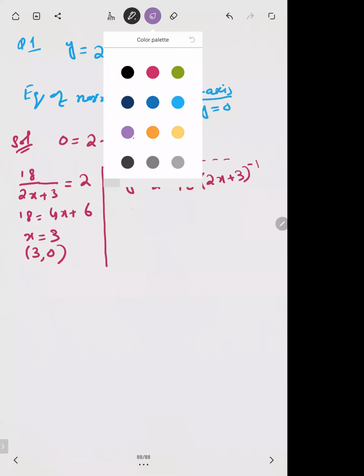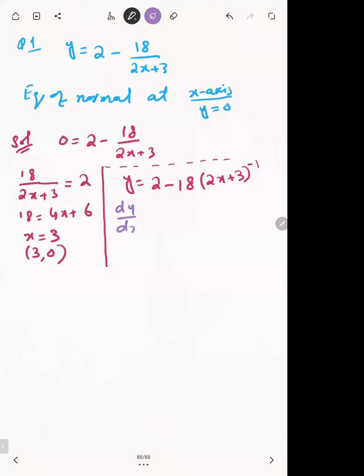Now differentiate this, you will get dy by dx is equal to, what's the differentiation of 2? Differentiation of 2 is a constant, it is 0. And here you have to apply the whole power rule. There is minus 18 already outside, which will be written as it is.